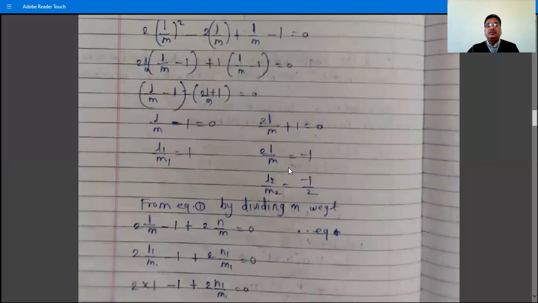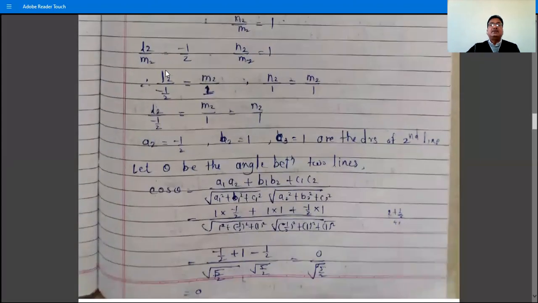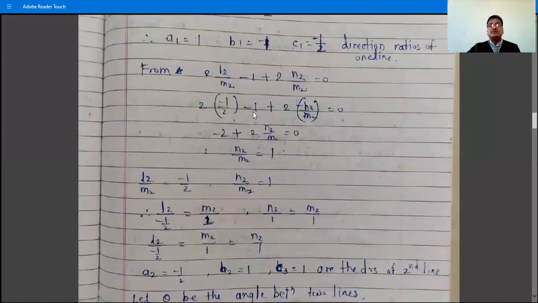Substitute L2 by M2 as minus half: 2 into minus half minus 1 plus 2 N2 by M2 is equal to 0. This is minus 1 and minus 1 becomes minus 2, plus 2 times N2 by M2.